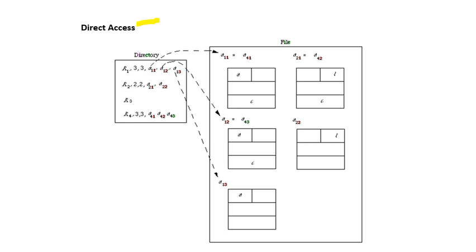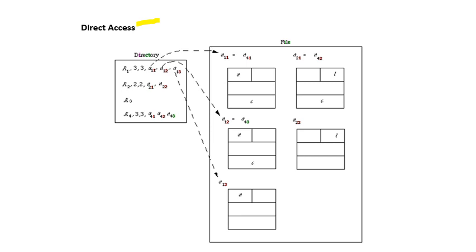For direct access, the file is viewed as a numbered sequence of blocks or records. So if you want to read any one block, you can directly read that block. There is no restriction on the order of reading and writing for a direct access file.